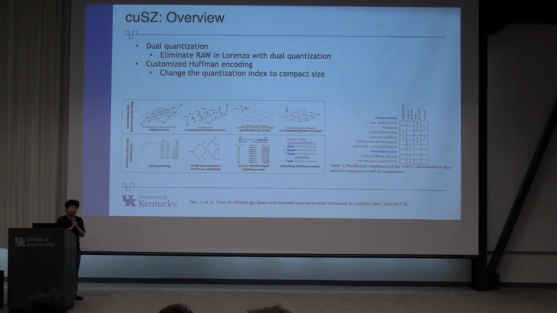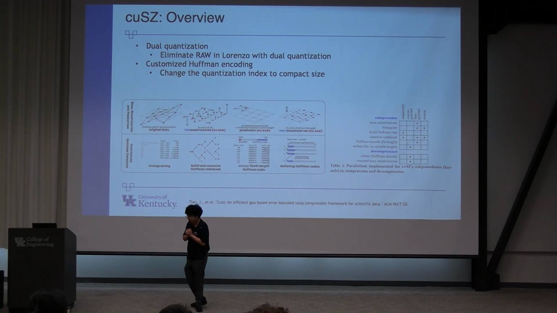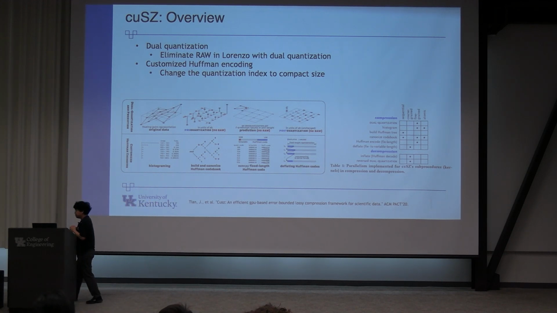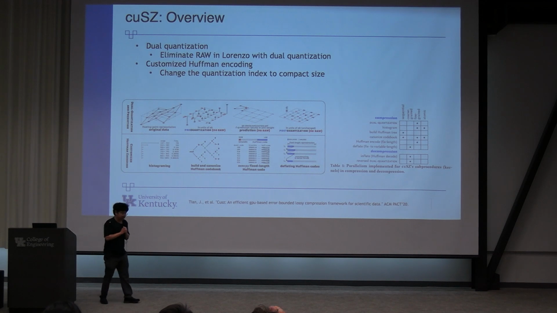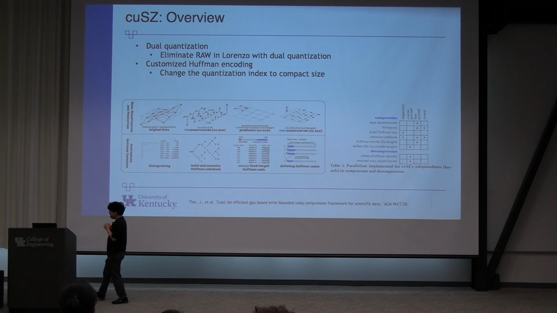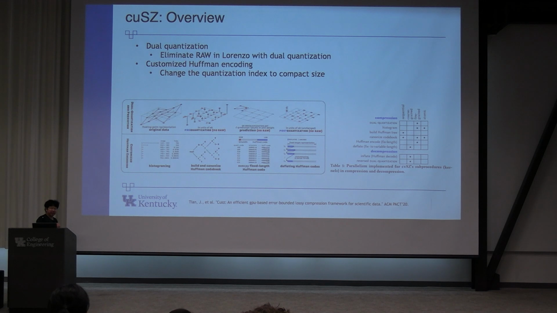After introducing the basic mechanisms of the CPU-based compression algorithm, we then talk about how we can leverage GPUs to improve the performance. Our first work in this series is cuSZ, which parallelizes the Lorenzo predictor in the traditional CPU-based compressors. One of the key contributions we made is to eliminate the read-after-write dependency in the Lorenzo prediction using a proposed strategy called dual quantization.